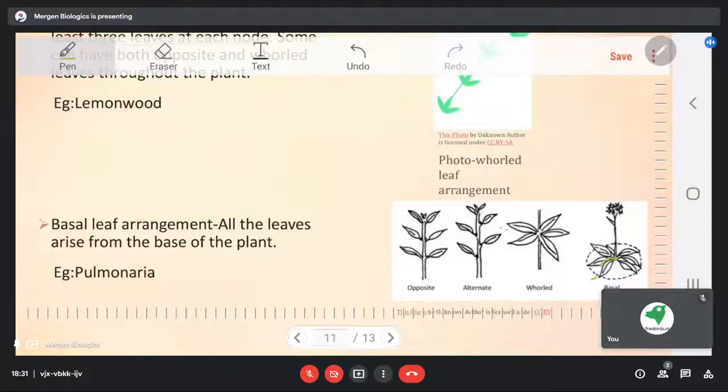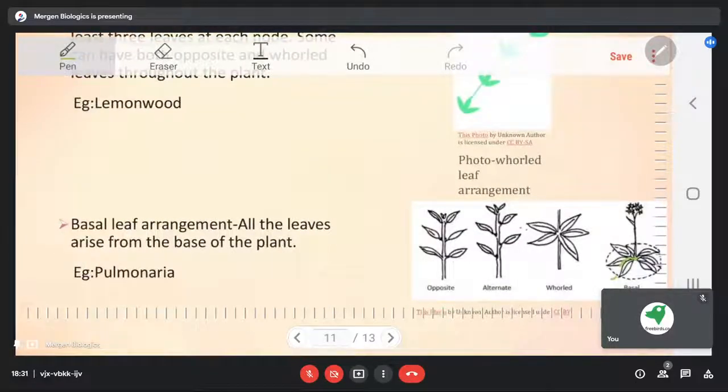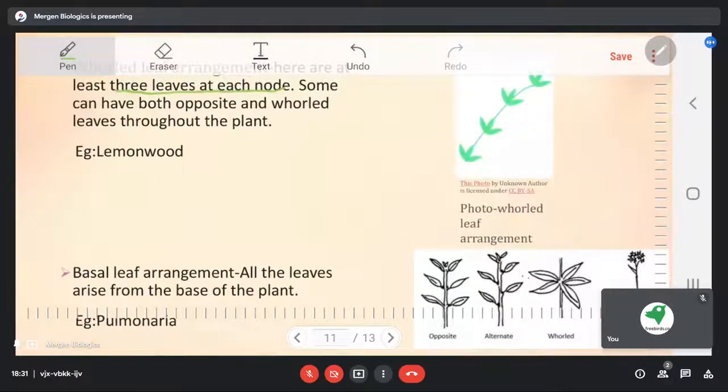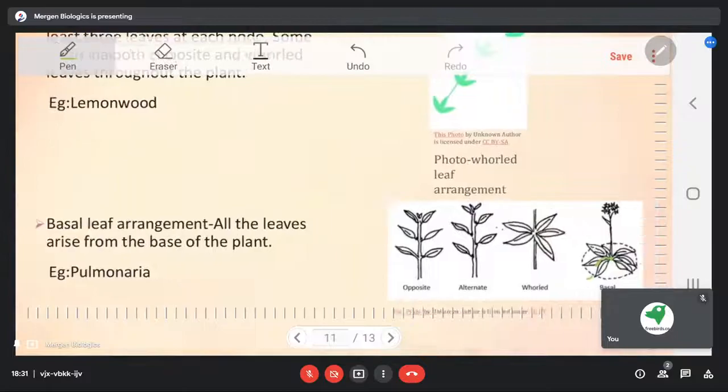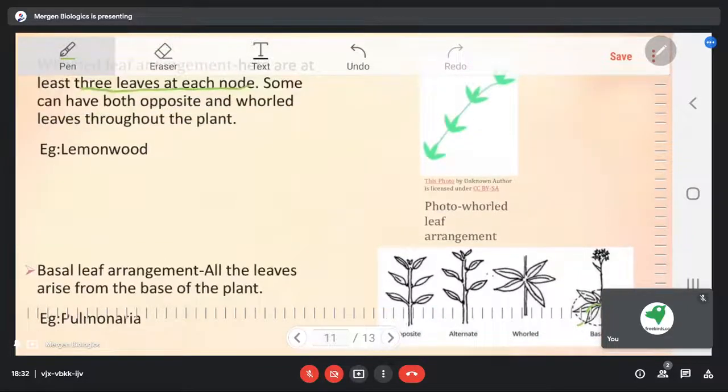Just remember that in whorled leaf arrangement, a plant node has three leaves at each node. But in case of basal leaf arrangement, all the leaves of the plant arise from the base of the plant.